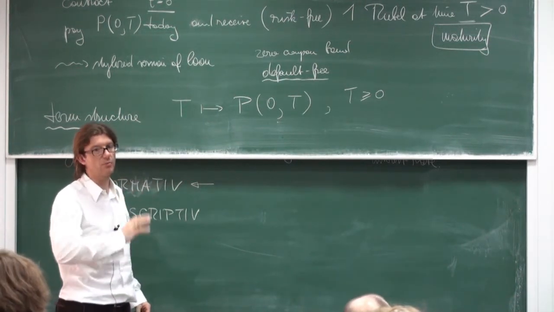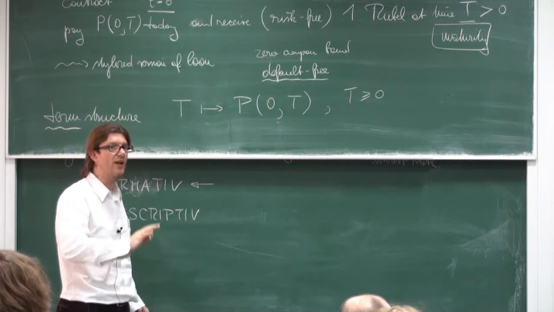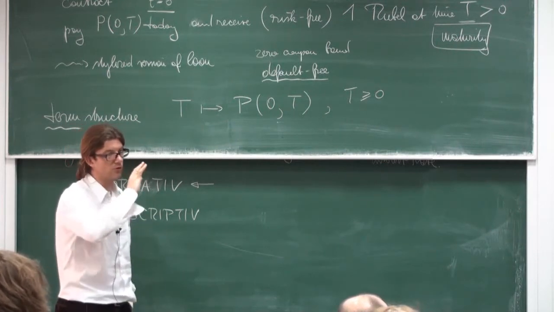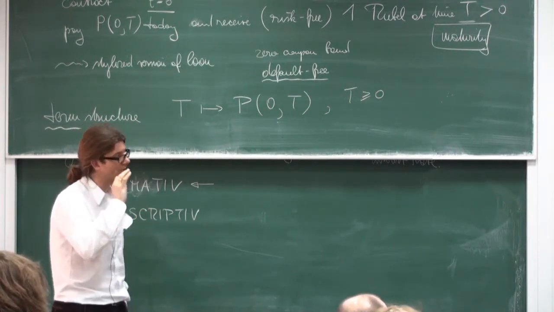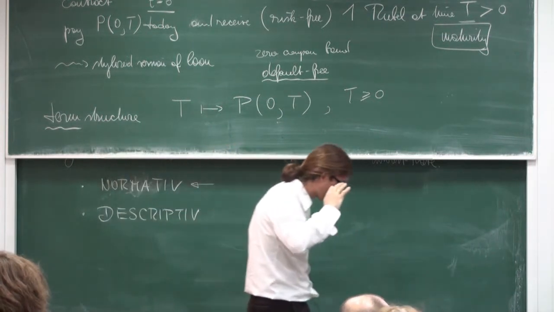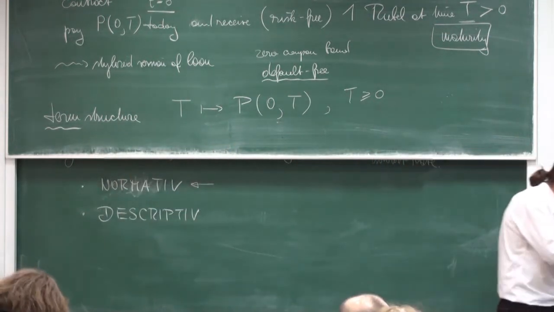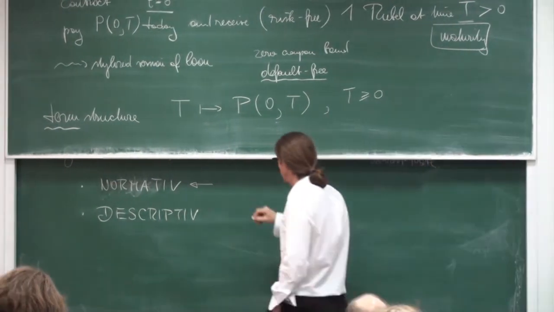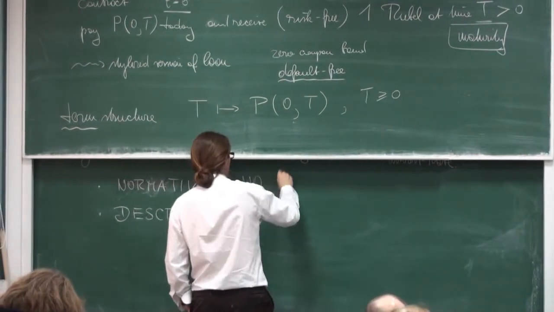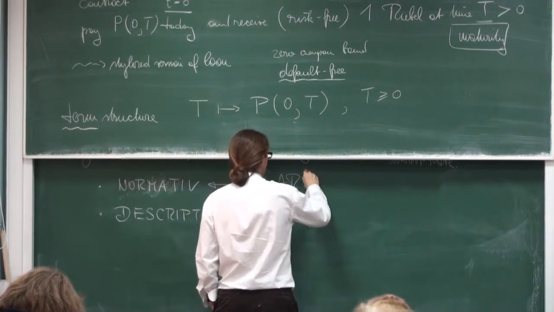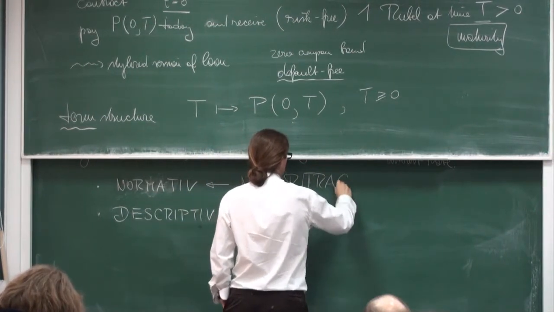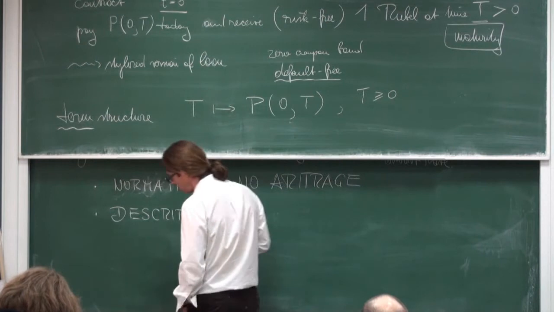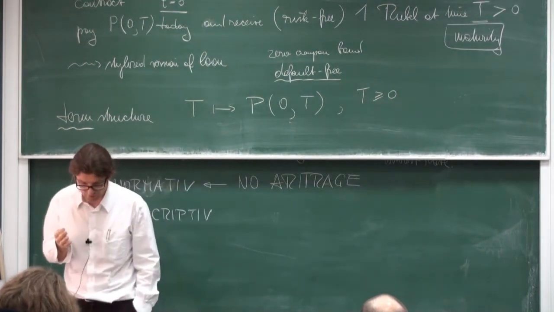What is one main property which we for sure can say is true in most of financial markets and which is somehow a paradigm number 0? This is something which is called no arbitrage. So in economic terms, it's a statement about markets.